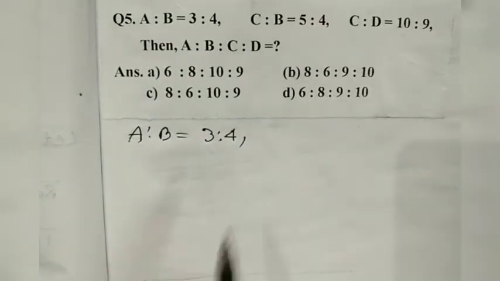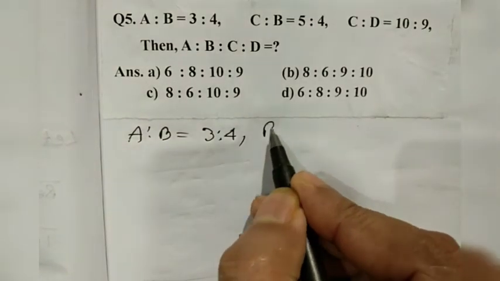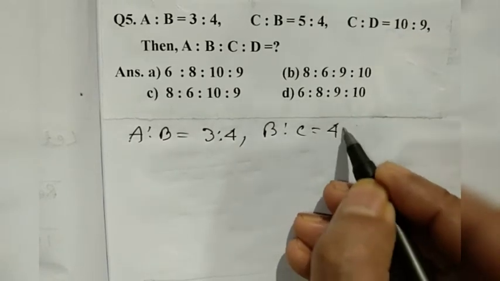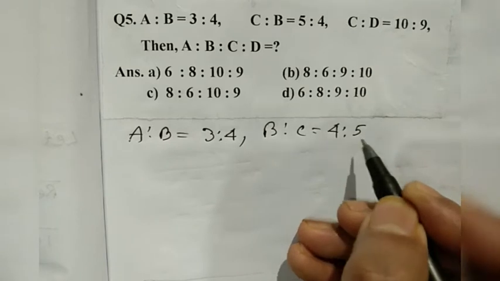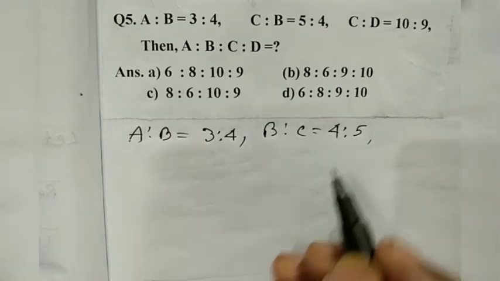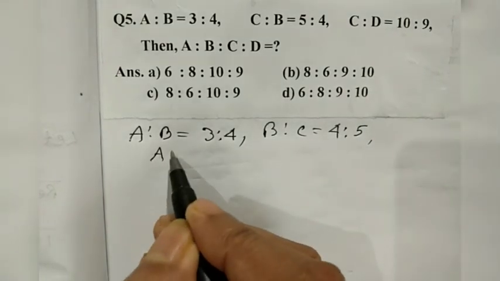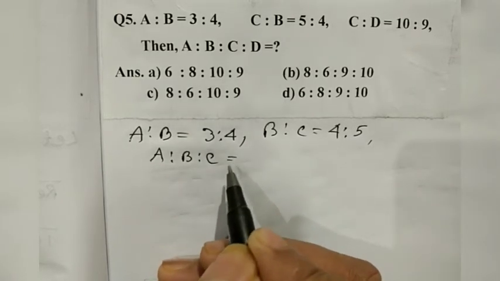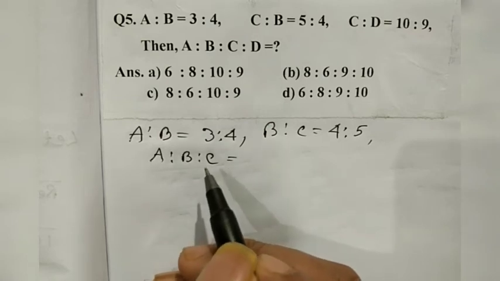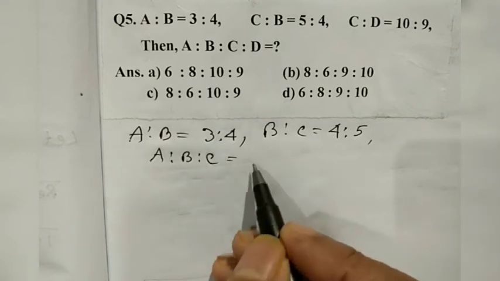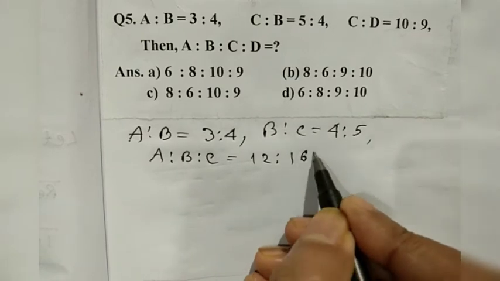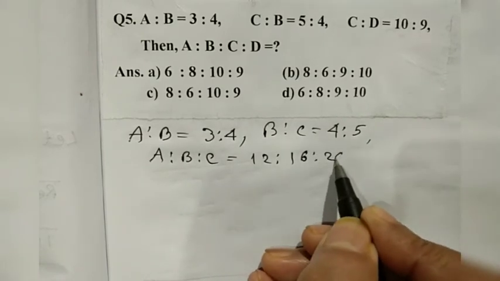Then B is to C equal to 4 is to 5. Then A is to B is to C, multiplying each ratio by 4, we get 12 is to 16 is to 20.